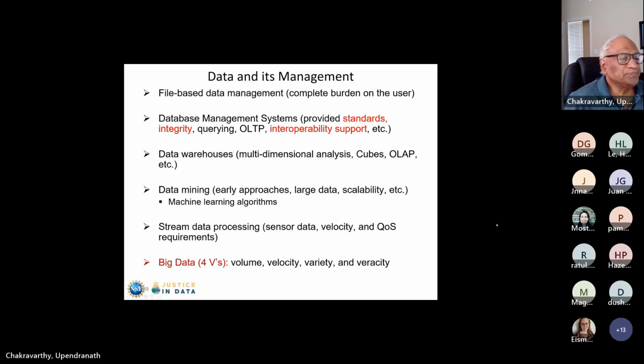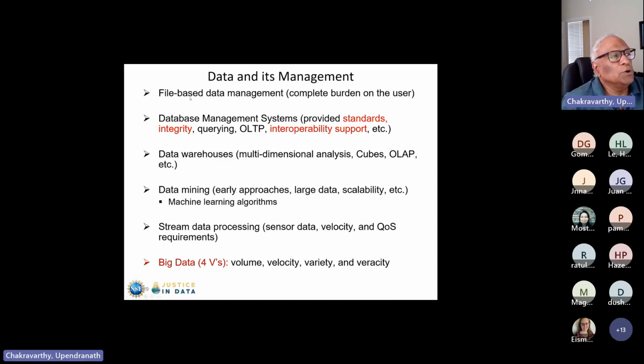Okay, coming to data and its management. So we have come to the point where we have a machine which has file-based data management, mostly sitting on a disk.